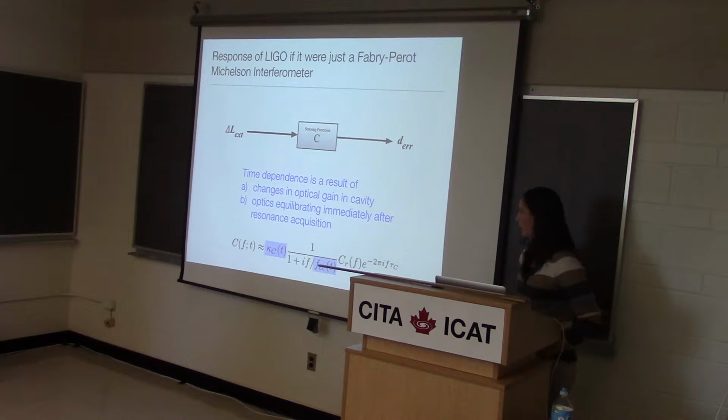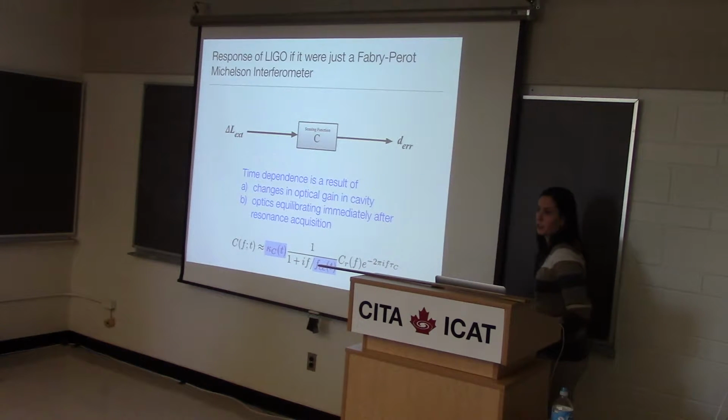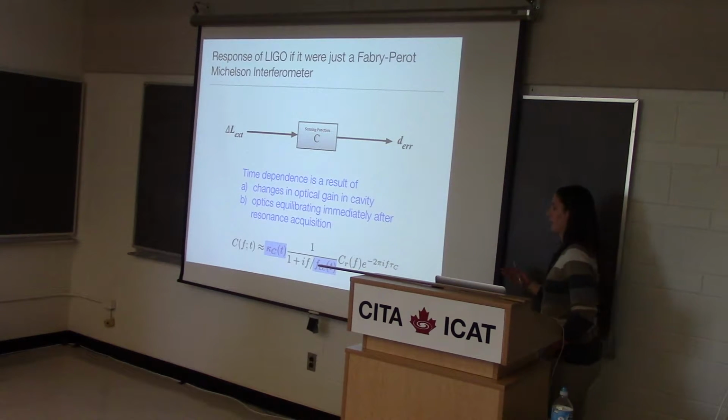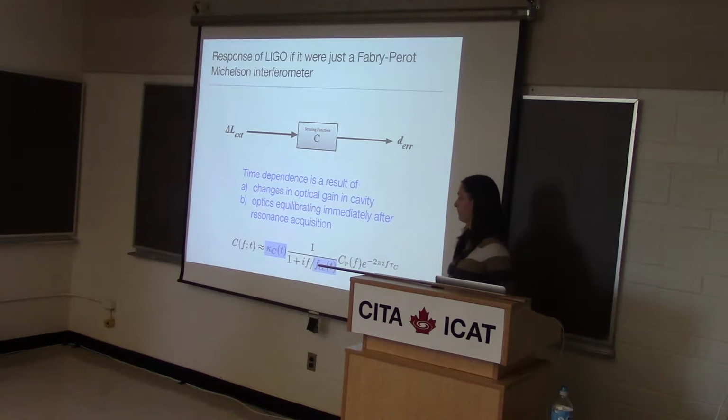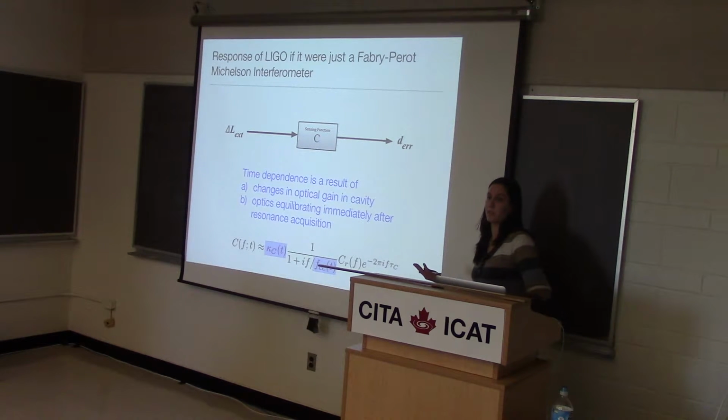Okay, so let me point out 2 things about the sensing function. You'll notice it's not just a function of frequency, it's also a function of time. By that, I mean that the sensing function changes at every point in time, and that's something we have to track and model in the calibration. So the 2 time-dependent quantities in the sensing function are, first, the optical gain, which varies with the amount of light that's stored in the arms.